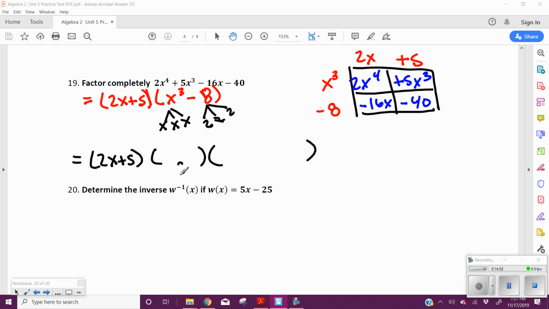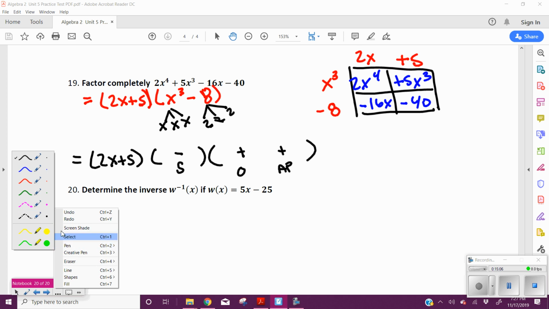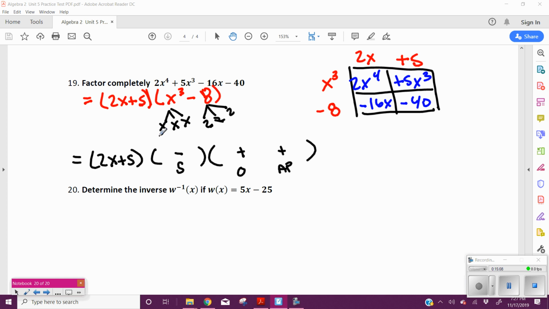We're going to need the same sign, so a minus. We're going to need the opposite sign, so a plus. And we're always positive in the end. So positive right there. Then we take our first branch from each one and put it in the small parentheses. So x minus 2 would go here.